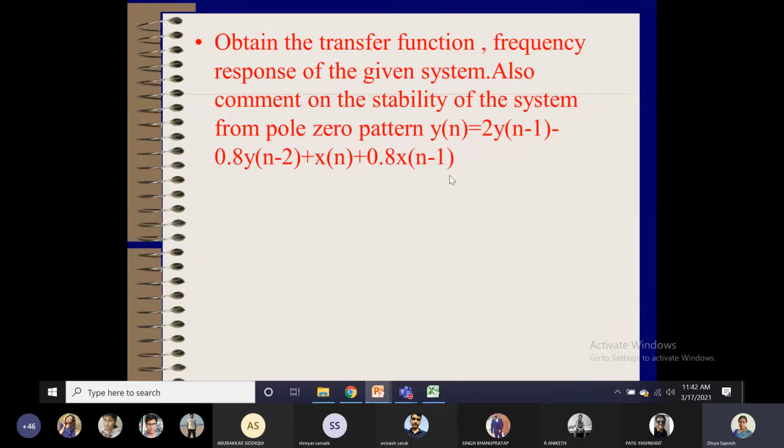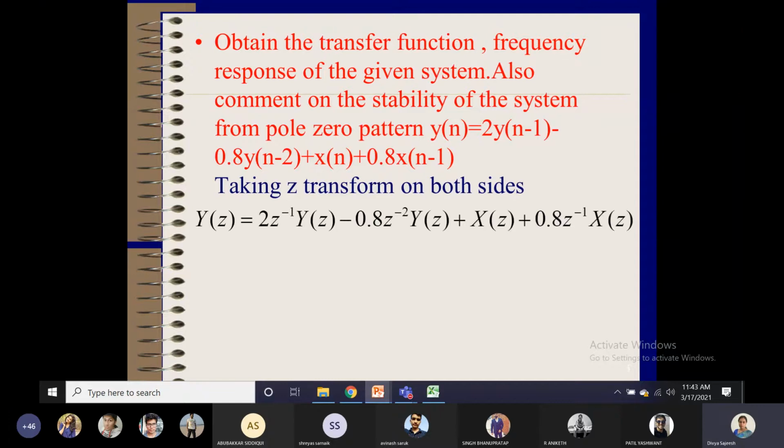For that, you need to apply z transform to the given difference equation, where the difference equation contains y of n and x of n. So let us apply the z transform on both sides of the difference equation. While you apply z transform, y of n will be Y of z, and y of n minus 1 shifted will be z inverse Y of z.